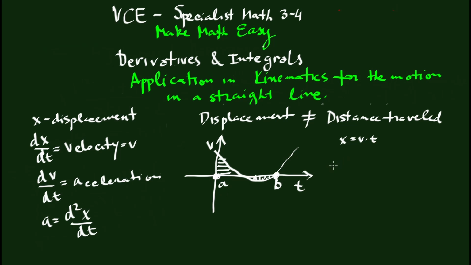So if we now look at the displacement, this is negative, say A2 is negative, and A1 is positive, therefore the displacement would be equal to the integral, which is the area between A and B, of v of t times dt, and in this case that will be A1 minus A2, because A2 is negative, so the total area.